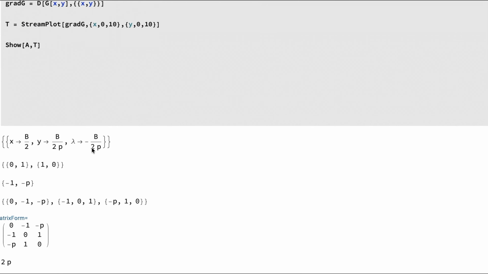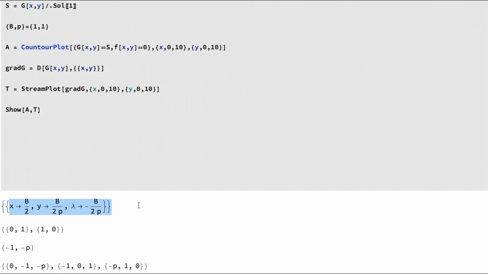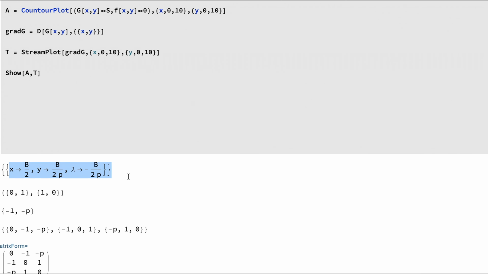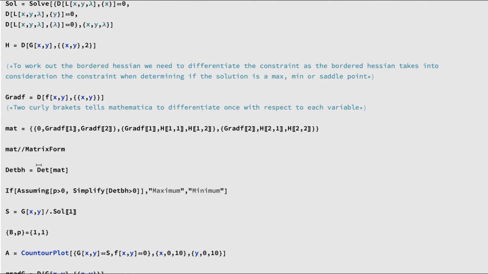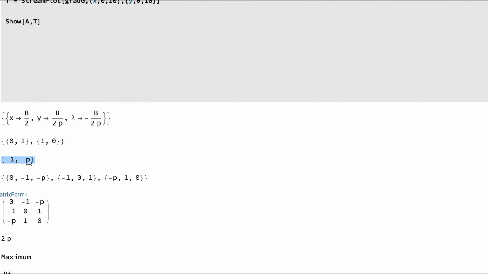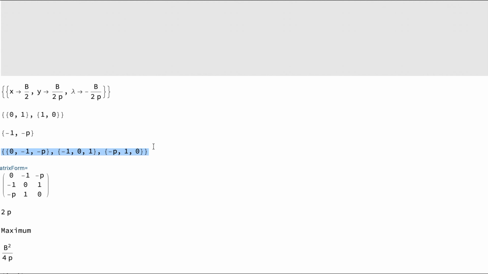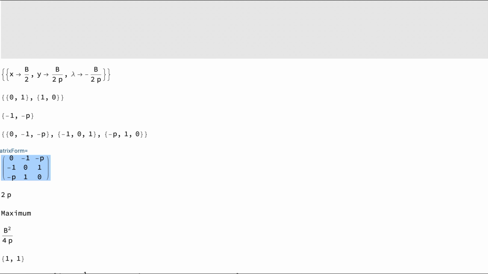So now if I do shift enter, starting from the beginning, we have our optimum values, which Mathematica found. We have the Hessian. We then have the partial derivatives of the budget constraint. We then have the bordered Hessian and the bordered Hessian in a nicer matrix form.